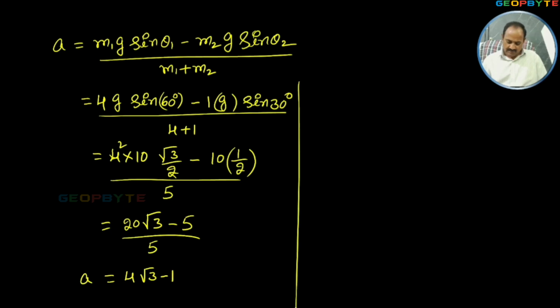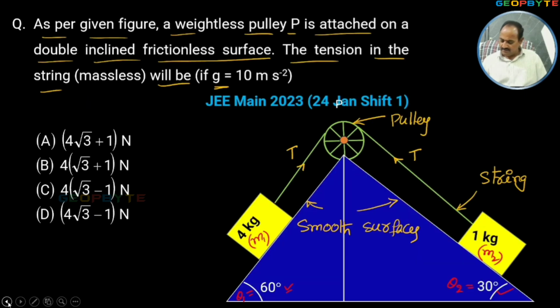Now look at the diagram once again. I am considering the block on this side, on the surface making an angle of 30 degrees. Listen carefully. This is the block, M2 we are assuming.